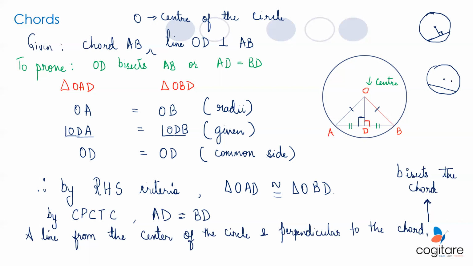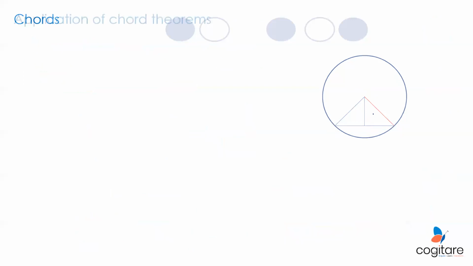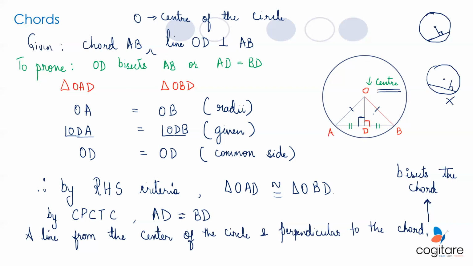Let's say you're picking some random point and drawing a perpendicular from there. Obviously, this is not bisecting the chord. So the key here is that you pick the center and you draw a line perpendicular to the chord. Easy. So what you do now is just pause the video and try and prove this all by yourself. It's very, very simple. Cool?